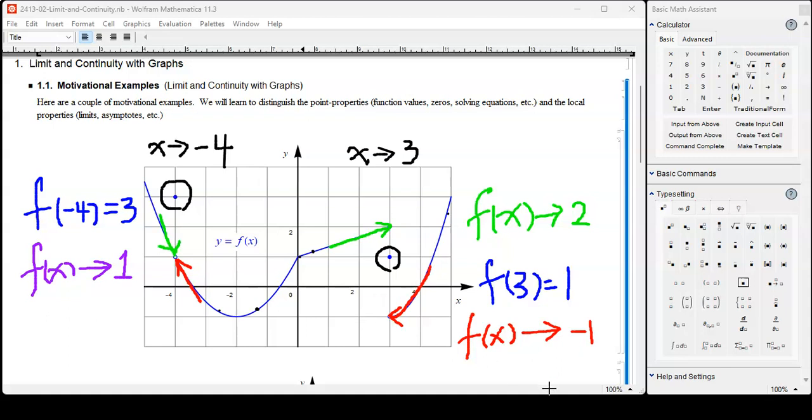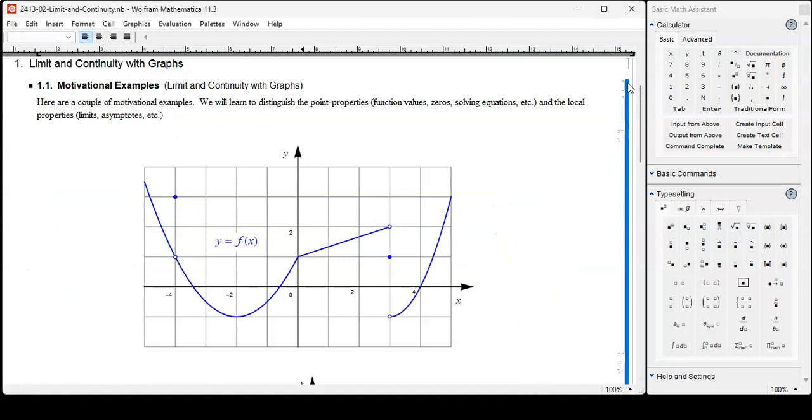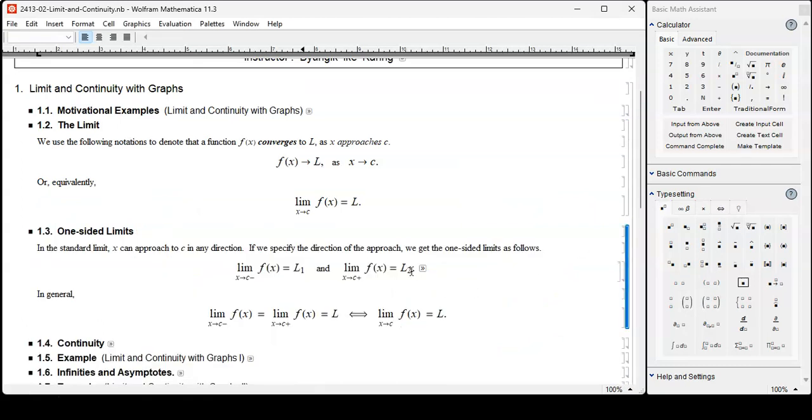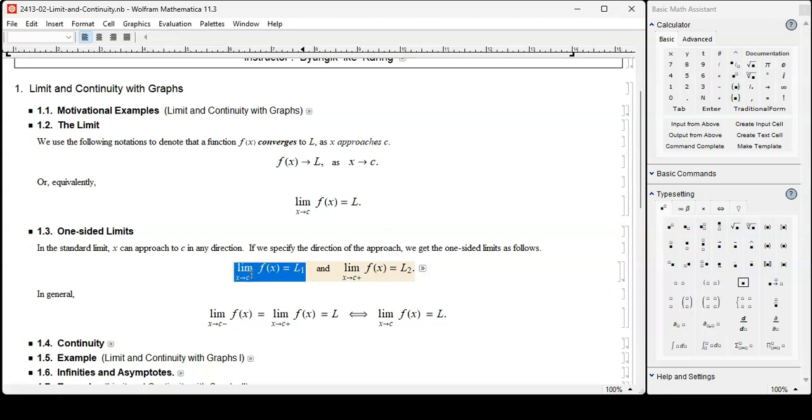Let's elaborate this idea a little bit further using the left and right hand side limit notation. So we use these kinds of notations. X approaching c, do you see this negative sign here?